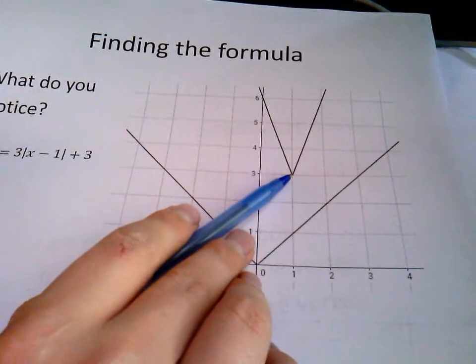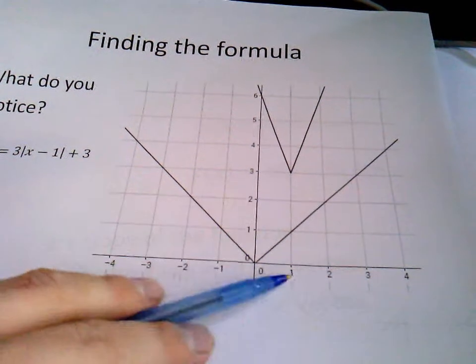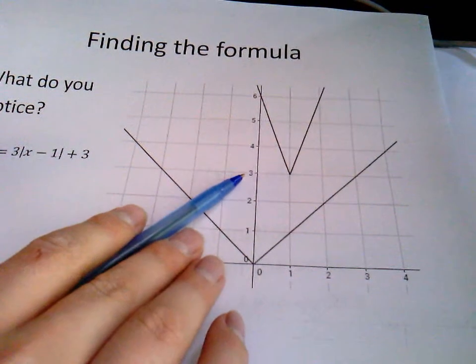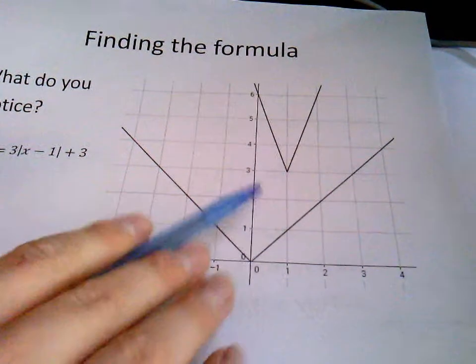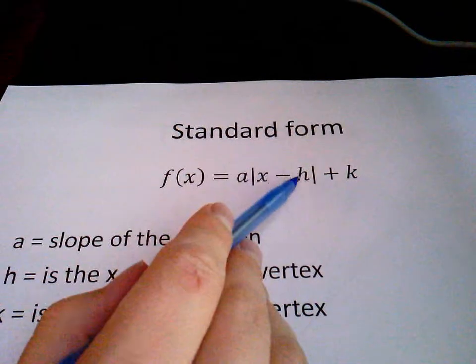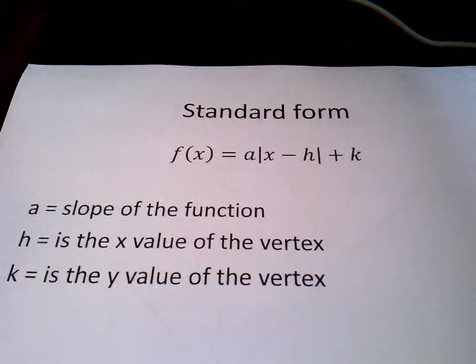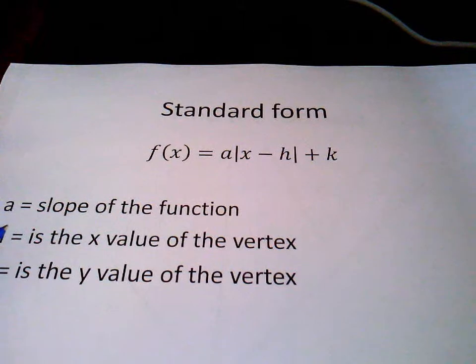That's called the vertex. That's why the x value is the 1, the y value is the 3, or the h is 1, the k is 3. So h is the x value of the vertex, k is the y value of the vertex. And a is just the slope, or how much it shrunk or stretched.